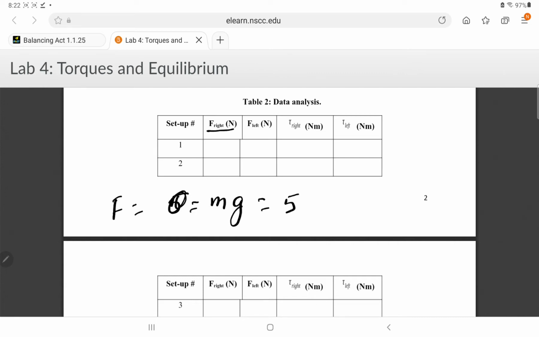Mass is 5 for the first data, and g is 9.8. So it is 5 multiplied by 9.8, which gives me 49. So I can write down 49 here.